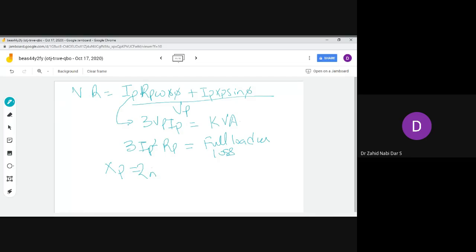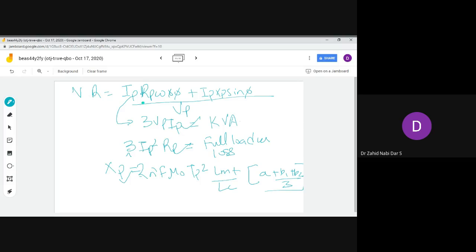XP would be given by 2πf μ0 TP² LMT/LC (A + (B1 + B2)/3). This we also calculated in the derivation, this XP reactance formula. So you have to substitute these formulas: get the value of XP, RP and IP, and substitute here.